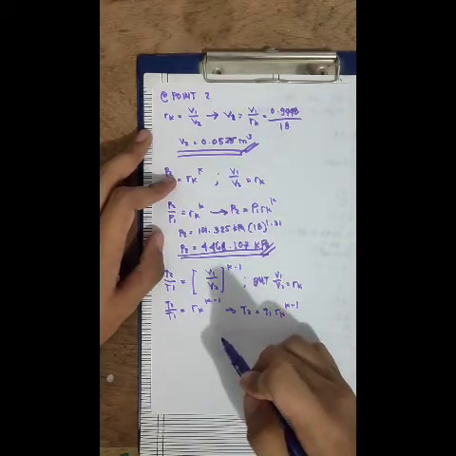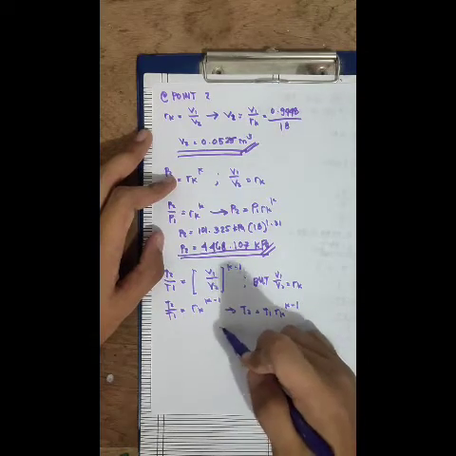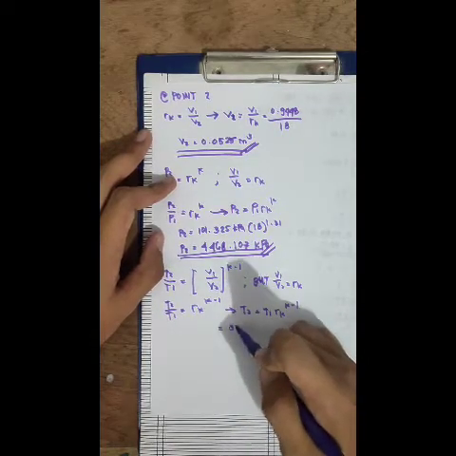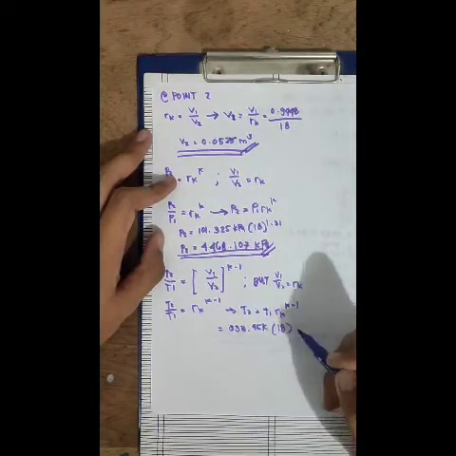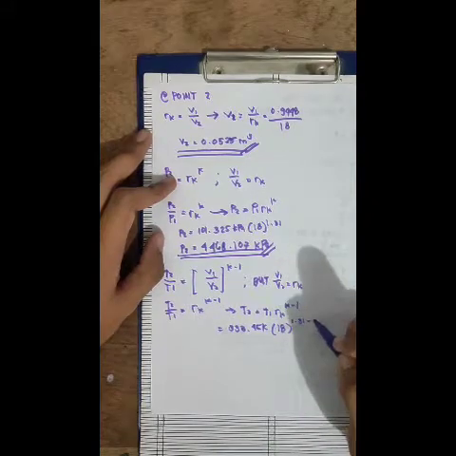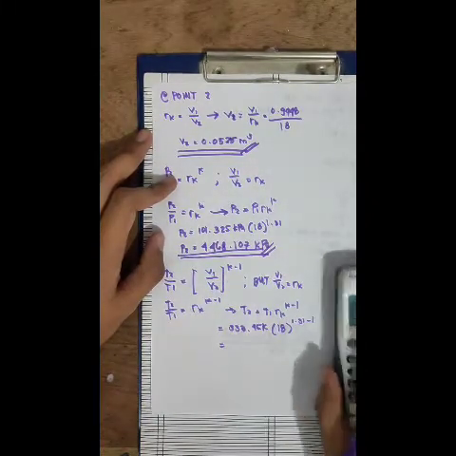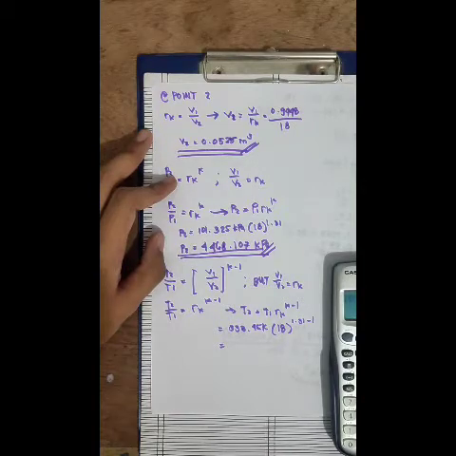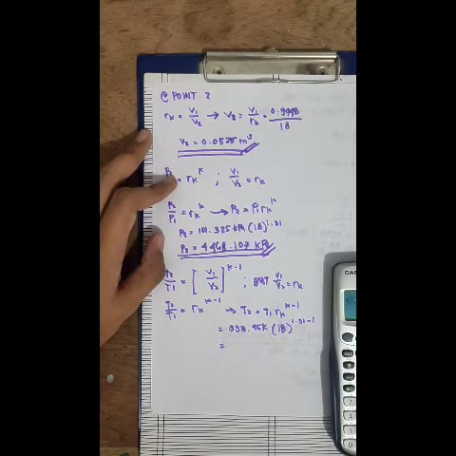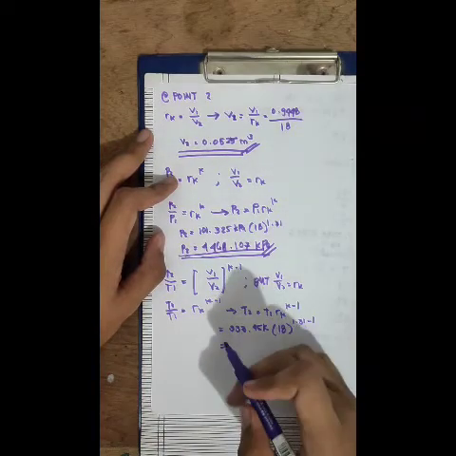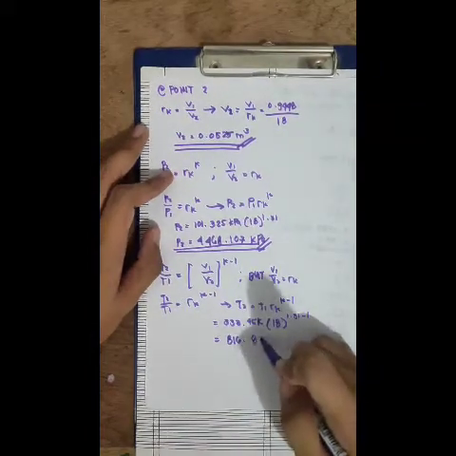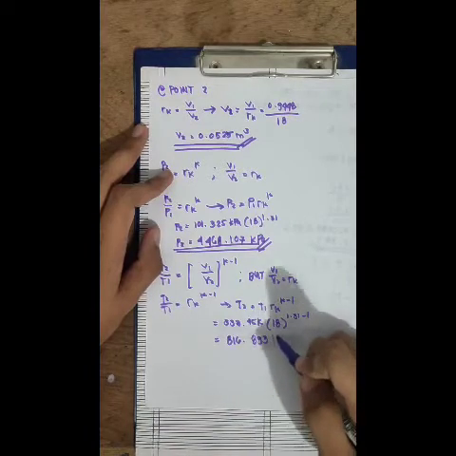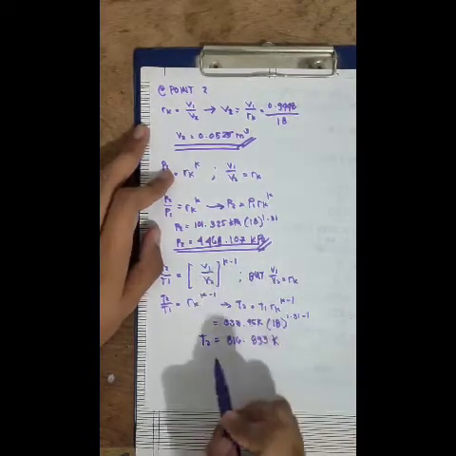We substitute the data here: T1, which is 333.45 Kelvin, times 18 raised to 1.31 minus 1, is equal to 816.893 Kelvin. So that is the temperature 2.